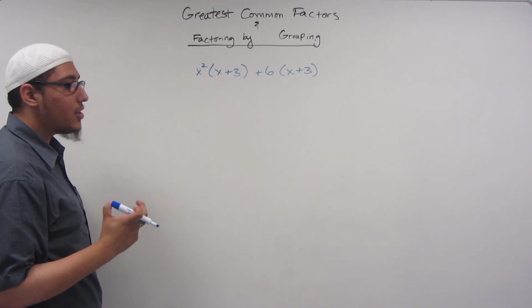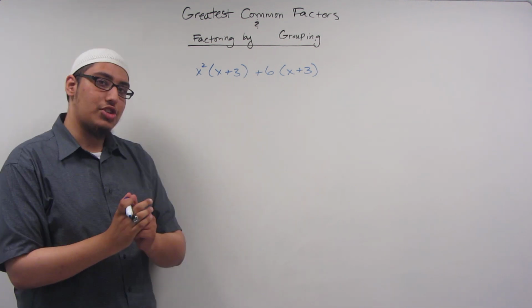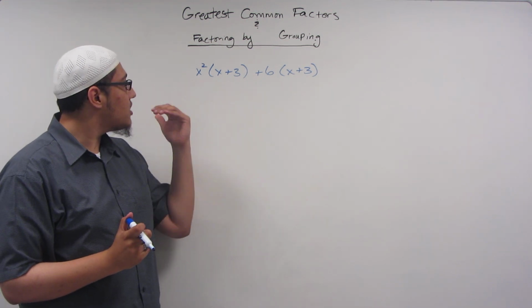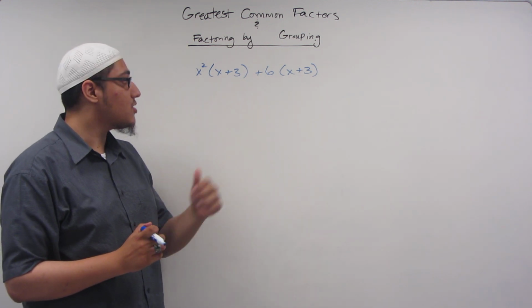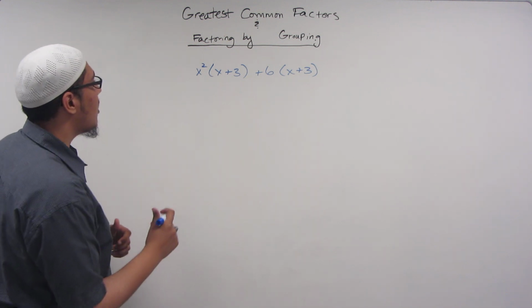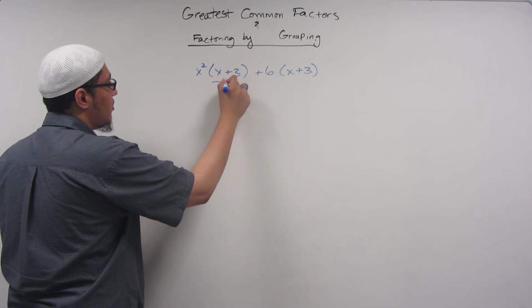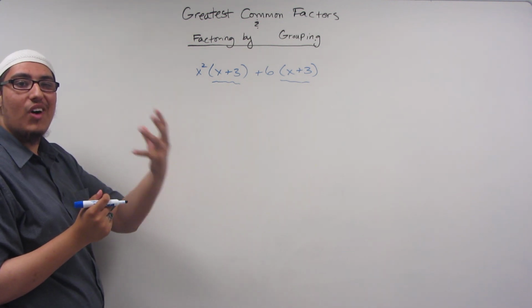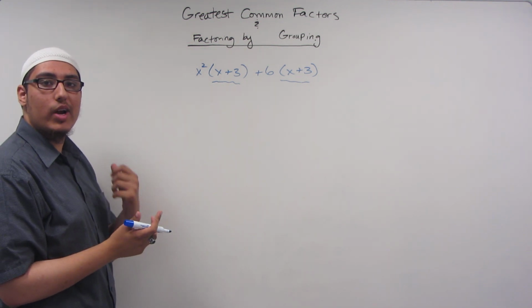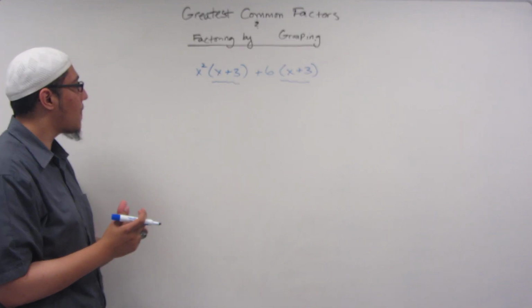Now, greatest common factor, again, is the largest term that you can divide out. The largest term that's the same between various terms. In this case, you can see that x plus 3 occurs in both terms. So what we can do is divide it out or pull it out as a greatest common factor.